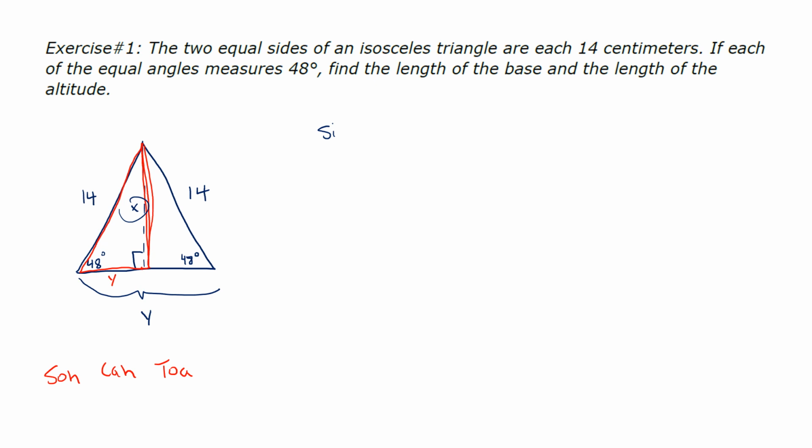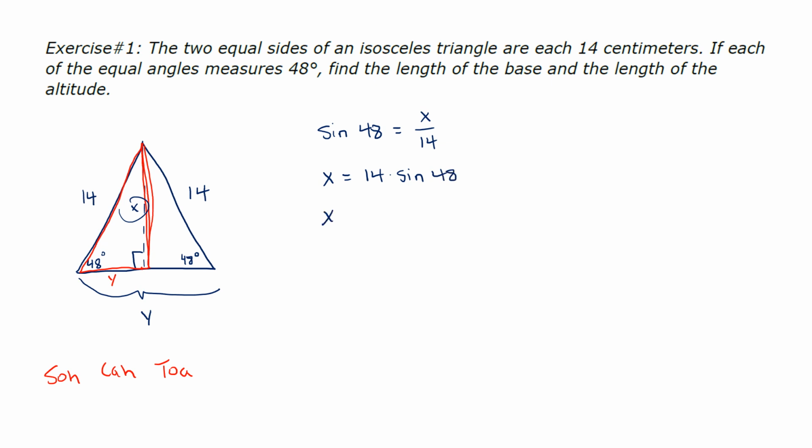So the sine of 48 degrees equals x over 14. So opposite over hypotenuse. So to find x, we would take 14 times the sine of 48 degrees.